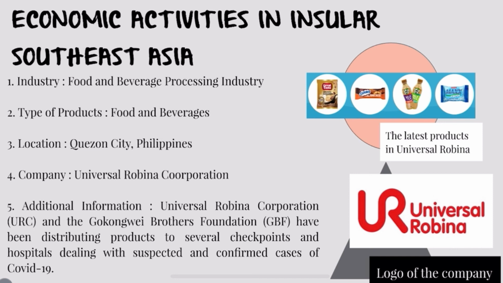In 2014, URC started its venture to develop markets such as New Zealand and Australia, which is now called URC Oceania. For additional information, Universal Robina Corporation and the Gokongwei Brothers Foundation have been distributing products to several checkpoints and hospitals dealing with suspected and confirmed cases of COVID-19.